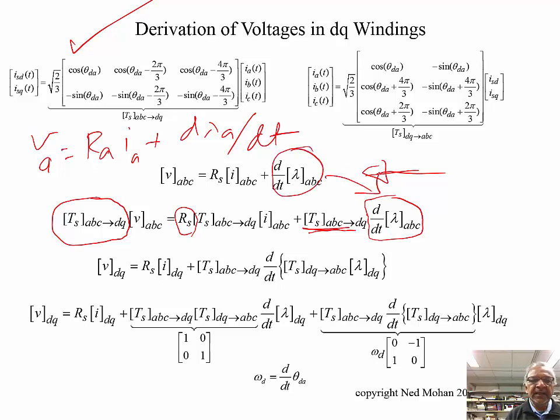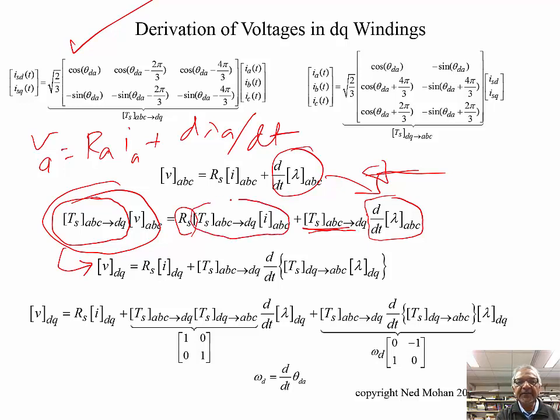All right. So certainly when you apply this transformation on V ABC, it leads to V DQ over here for the voltage. And similarly, when you apply this transformation on I ABC, it leads to I DQ over here. But now this term here requires a little more care. First of all, we write it down. This transformation matrix is here, but this lambda ABC can be written as lambda DQ times the transformation going from DQ to ABC.